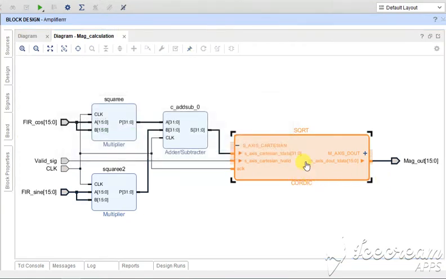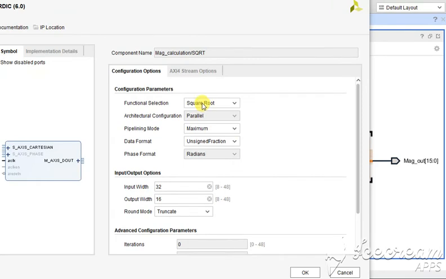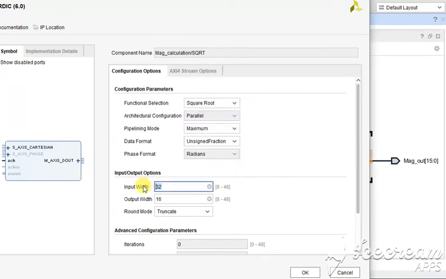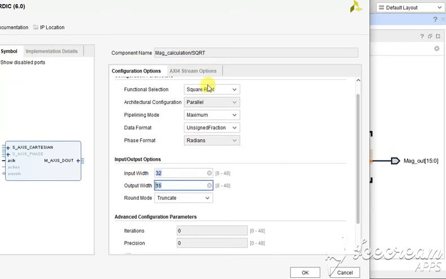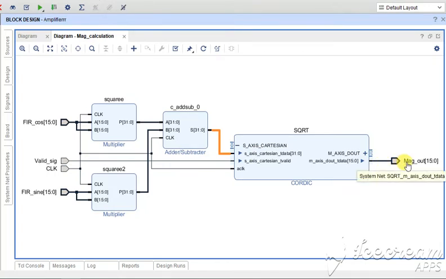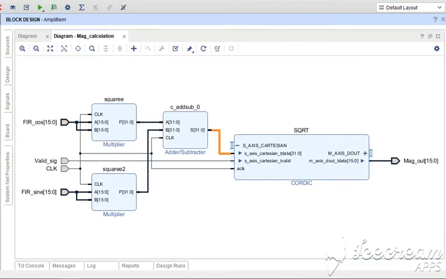If we open the Cordic IP core, we can see that there are multiple functions here, rotate, translate, and we have chosen the square root. We have defined our input width and output width, and that's it. We give the input, that is the sum of I and Q squared, and it is passed towards the output, calculated as the magnitude output. So let us open the simulation.